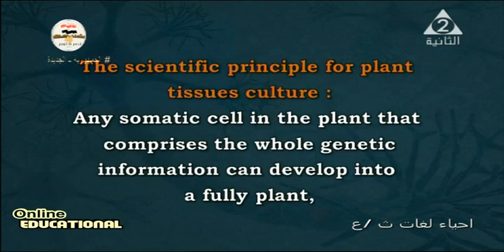What is the scientific principle for plant tissue culture? Any somatic cell in a plant that comprises all the genetic information can develop into a full plant. It means if you take a part of a carrot or any type of plant and put it inside a nutritive medium, which means a medium suitable for growth, what happens?